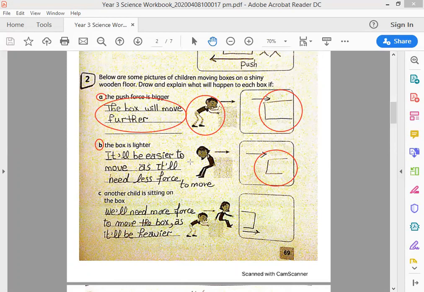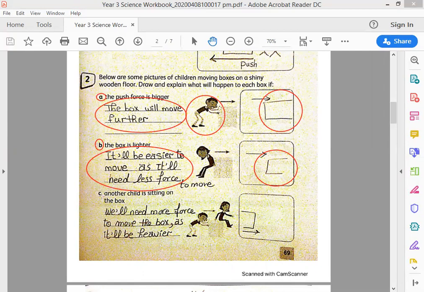If I make the box lighter, I will not need more force to move it. On the contrary, I'm going to need less force to move it. So if the box becomes lighter, it will be easier to move as it will need less force. I don't need to push hard because it's a light box.